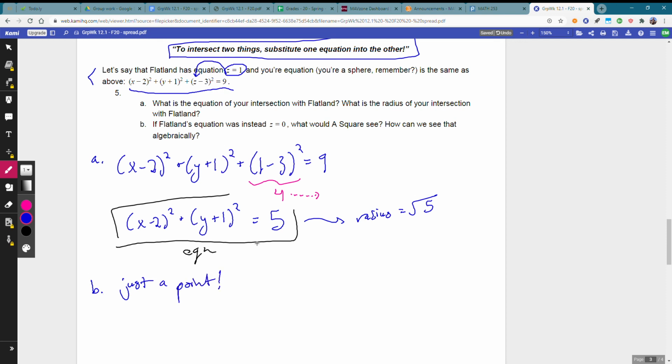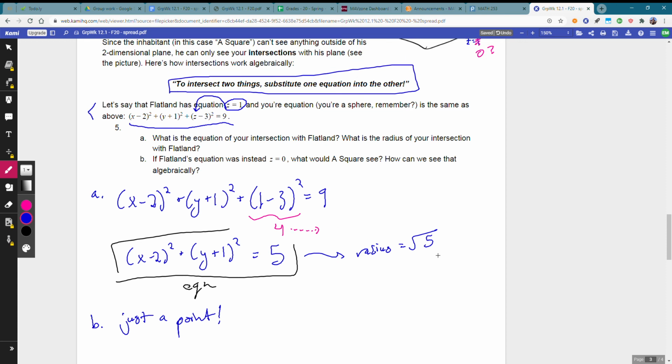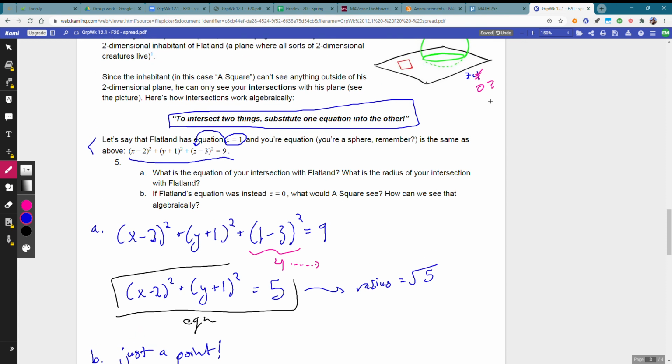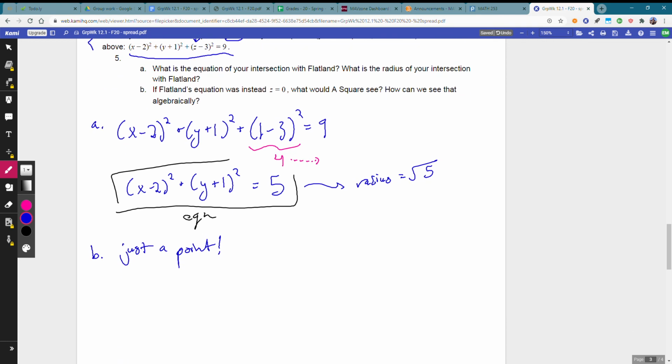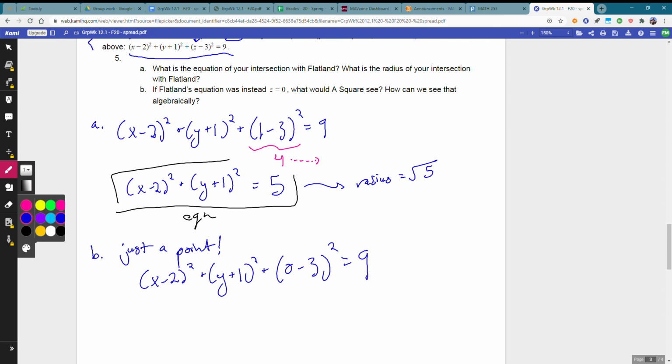How can we see that algebraically? Well, again, we're intersecting our sphere with flatland, and so if flatland's equation is z equals 0, then that's what we would plug in, substitute in for z here. Right? That's going to be a clean way to go about it. And so just to see what we'd get, x minus 2 squared plus y plus 1 squared plus 0, substituting in, minus 3 squared equals 9.